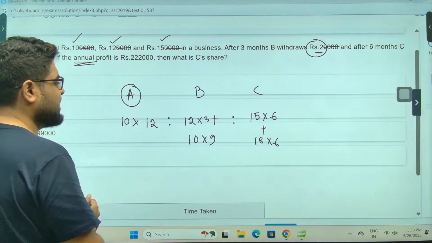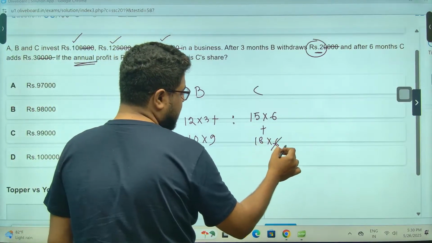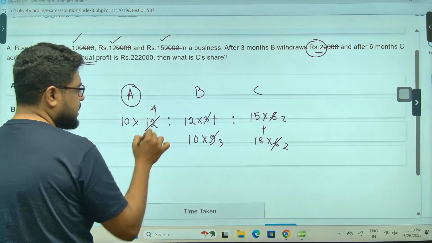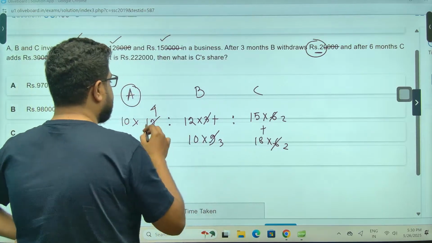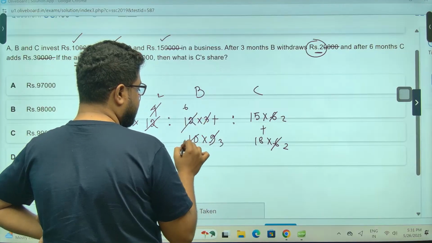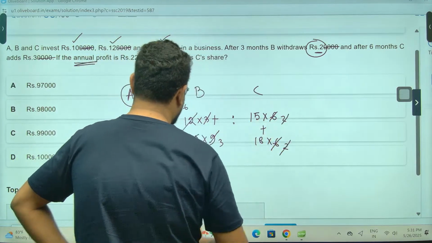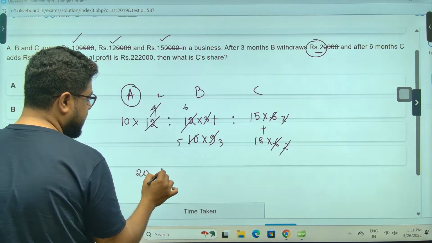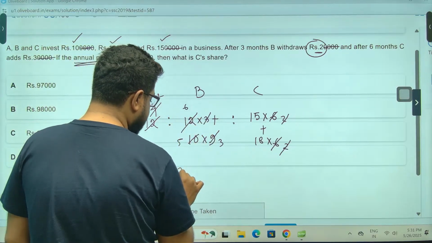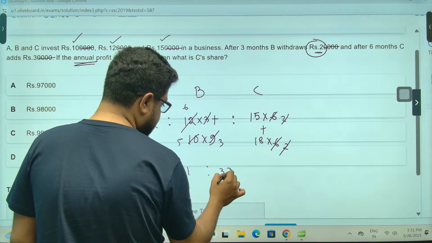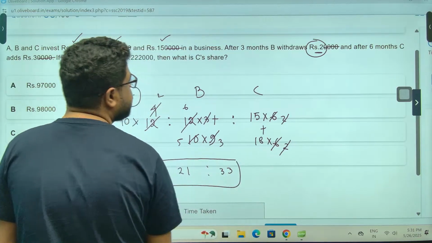Done. Now calculate: 3 twos are 6, 3 fours are 12, and we can cancel a 2. Calculations we'll do later if needed. So ratio 20 for A, 6 plus 15 is 21 for B, and 15 plus 18 is 33 for C. This is the ratio.